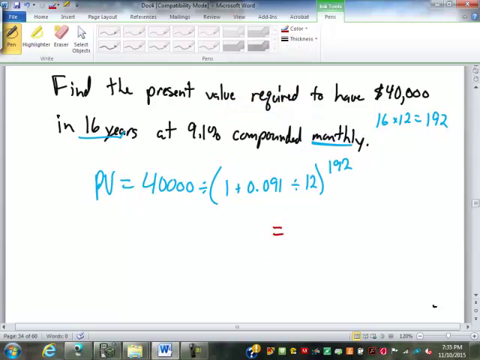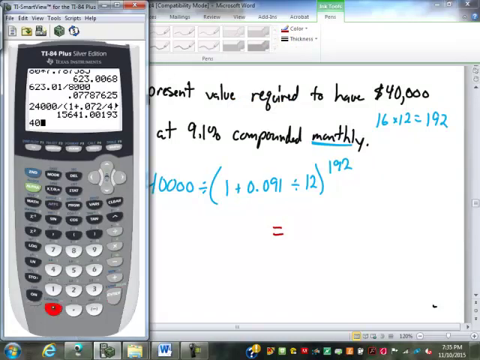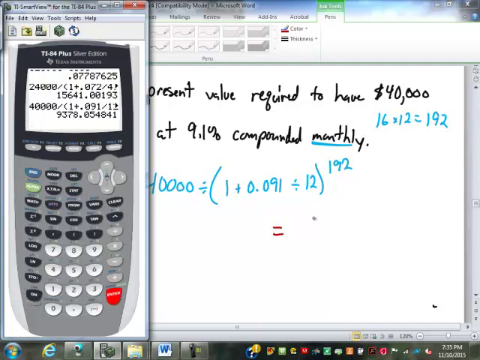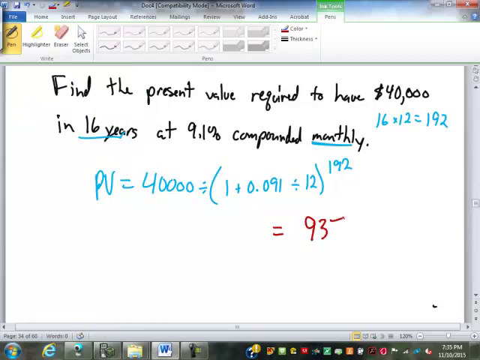So 40,000 divided by 1 plus 0.091 divided by 12, close parentheses, to the power of 192 is 9,378.05. So to have $40,000 in 16 years, if you got 9.1%, you would only need $9,378.05 right now.